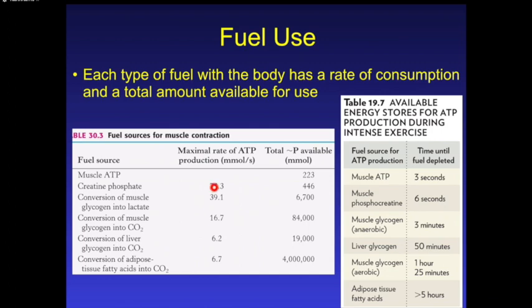So this is immediate, and after that, you cannot run as fast or at that rate for very long periods of time because you have to use other energy sources.